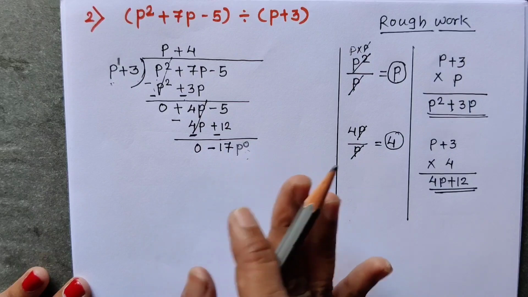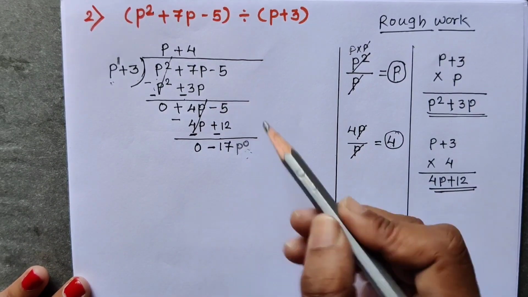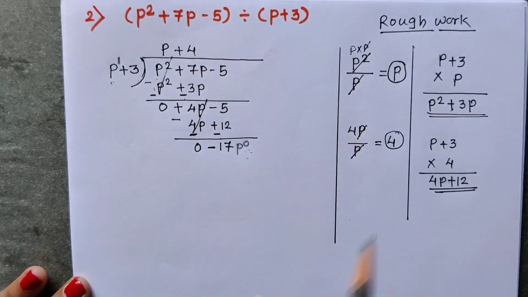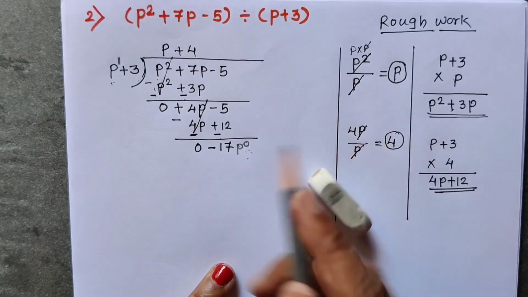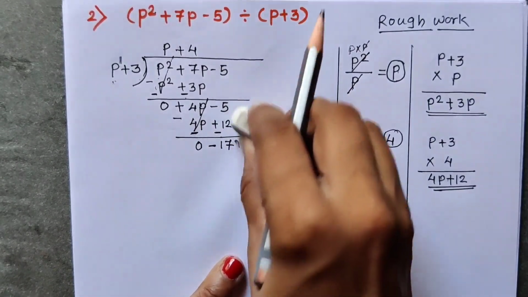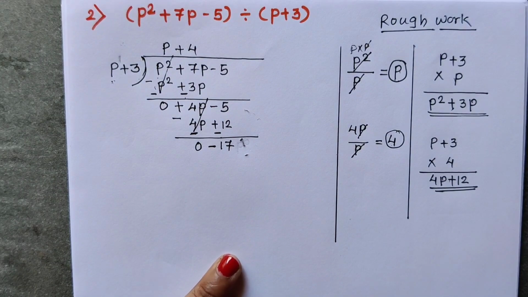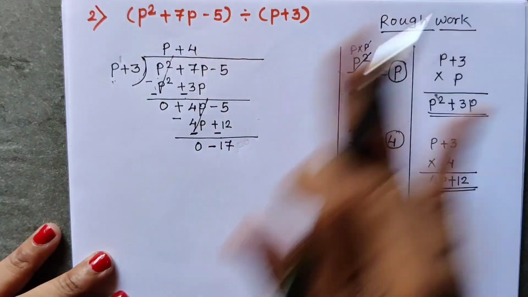Okay, so our method will stop there when the index of the dividend is smaller than the index of the divisor. So only a constant means the variable is having index 0. Always remember that. So we cannot solve the sum after this. So this is our remainder, and the quotient we have got is p plus 4.